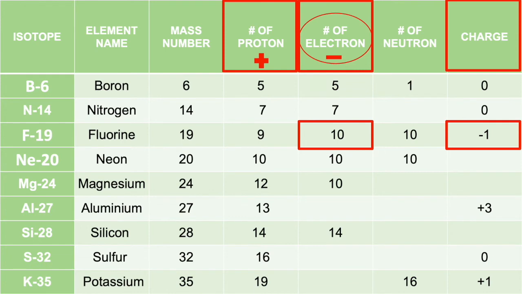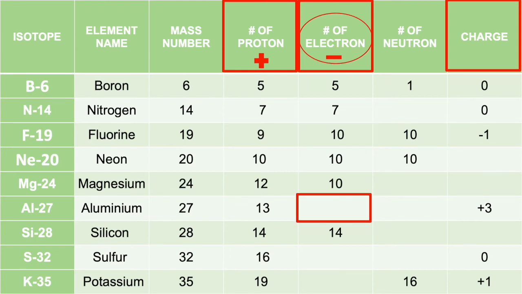So we have 9 protons for fluorine and our charge is -1, meaning to say that the electrons are 1 more than the number of protons. So the number that is 1 more than 9 is 10. That is why the number of electrons for our fluorine is 10.